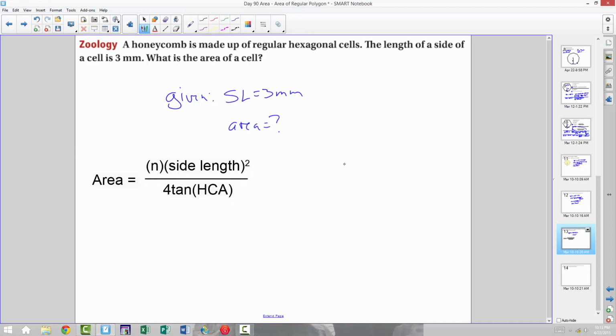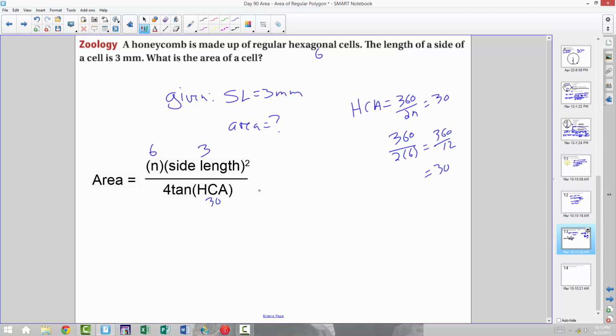So I want my area. I need my half central angle, HCA, which is 360 divided by 2n. A hexagon is 6, I already know this. 360 over 2 times 6, which is 360 over 12, which equals 30. So my HCA is 30. Number of sides is 6 and side length is 3.